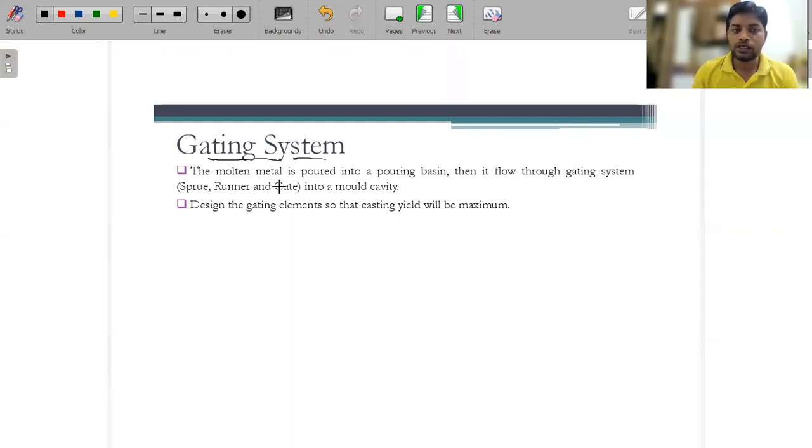So these are only the gating system. Gating system is nothing but whatever elements we are using from where we fill the molten material up to where it reaches the mold cavity; we call these elements the gating elements. So take a look at the point that I have written. Molten material is poured into the pouring basin, then it flows through the gating system.